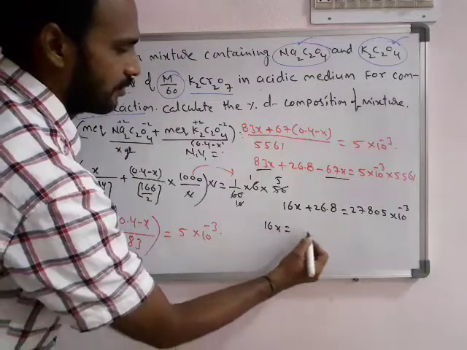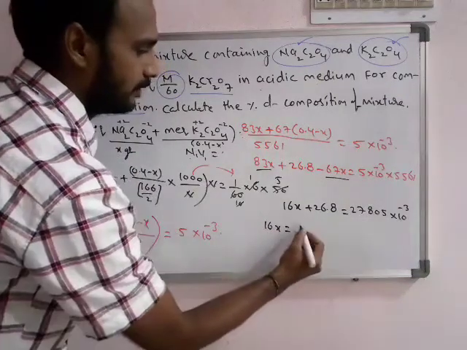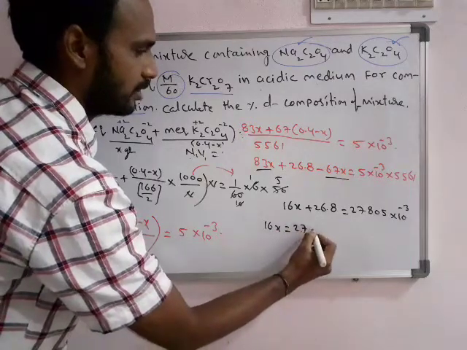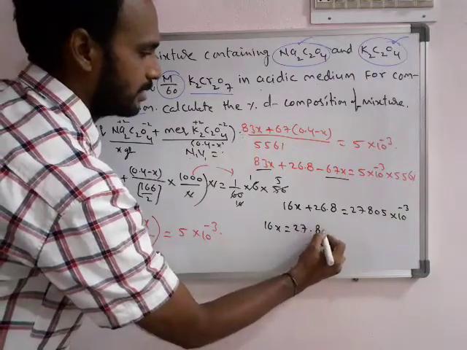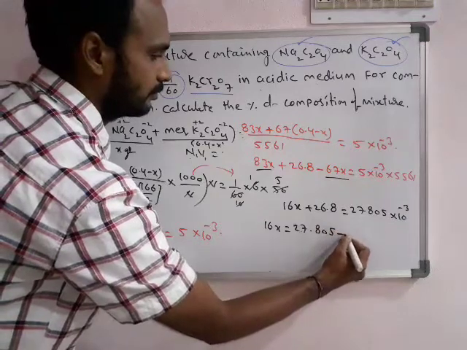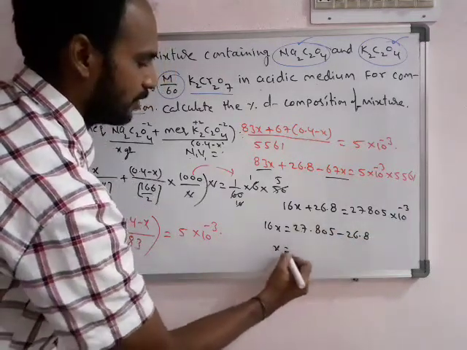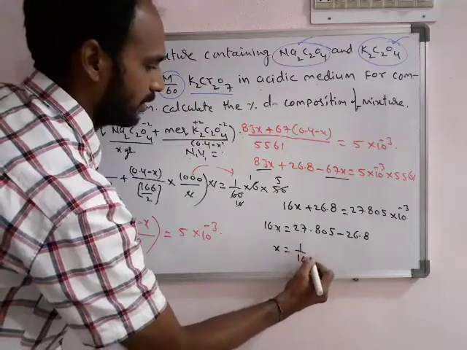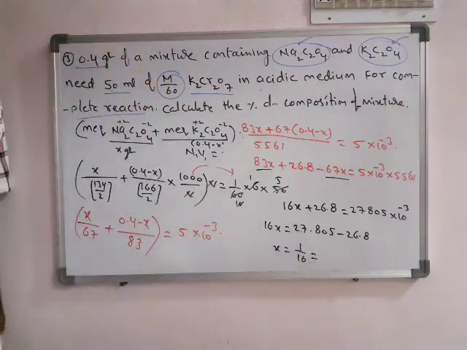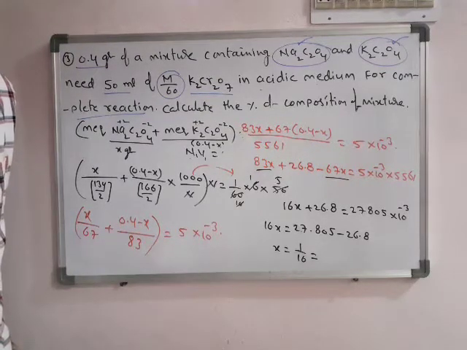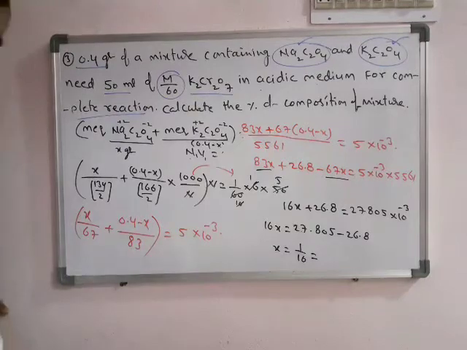And 16x is equal to 27.805 minus 26.8. Here we will get approximately 1 by 16, and 1 by 16 we will get that is equal to 0.06 gram.